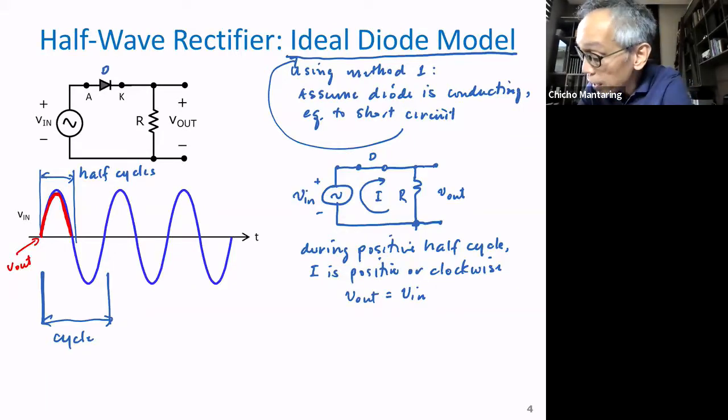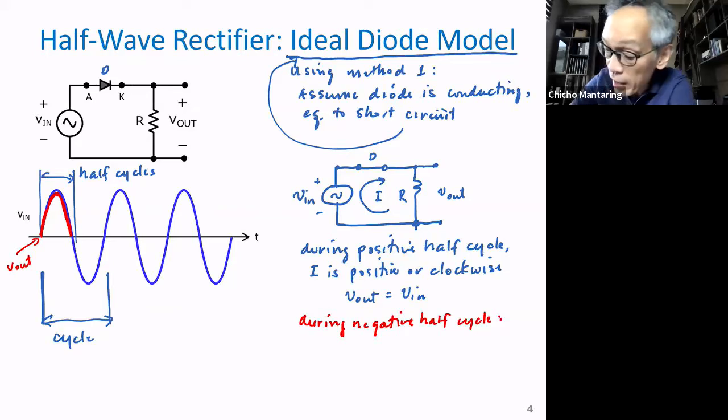Okay, now during the negative half cycle, so ito ngayon yung mga negative half cycles, ano? Ito nasa baba. Okay, I is going to be in the opposite direction, no?